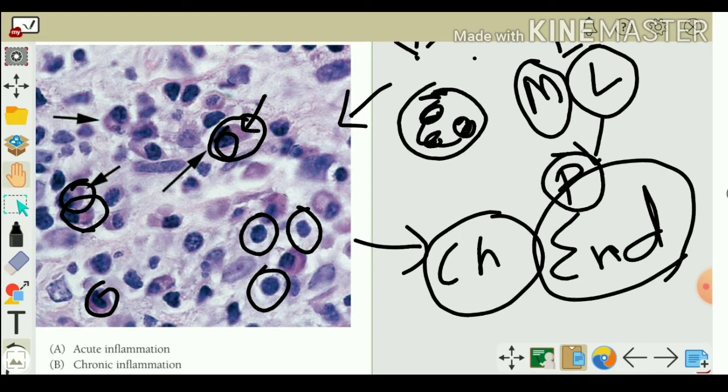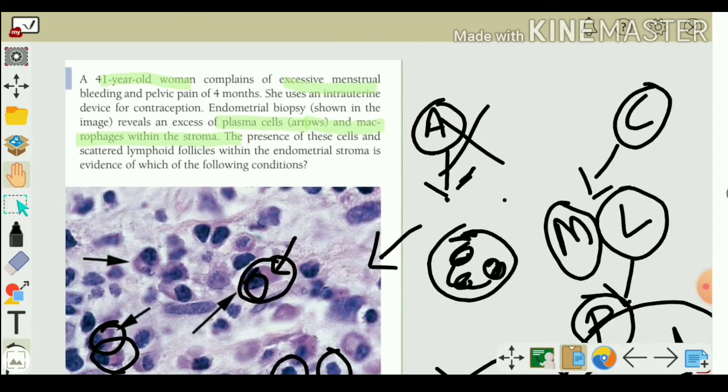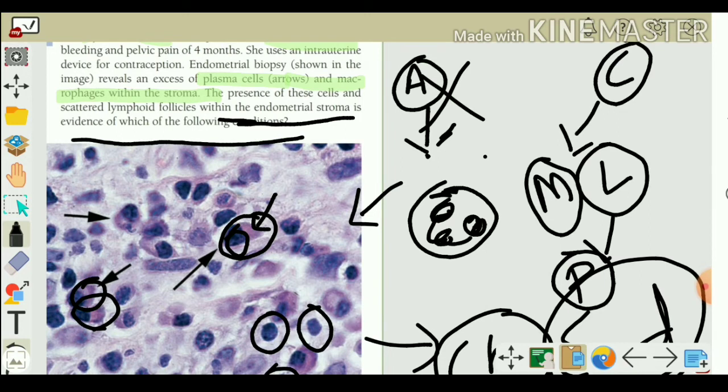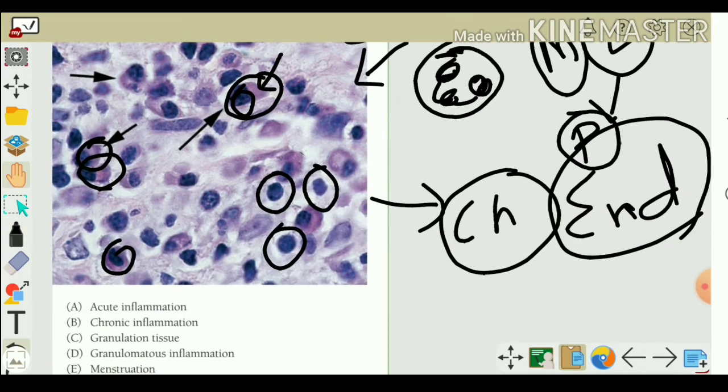So what are they asking? They are asking which condition the findings within the endometrial stroma are evidence of. They already said there are plasma cells and macrophages, but which type of inflammation is this? So we got our answer.